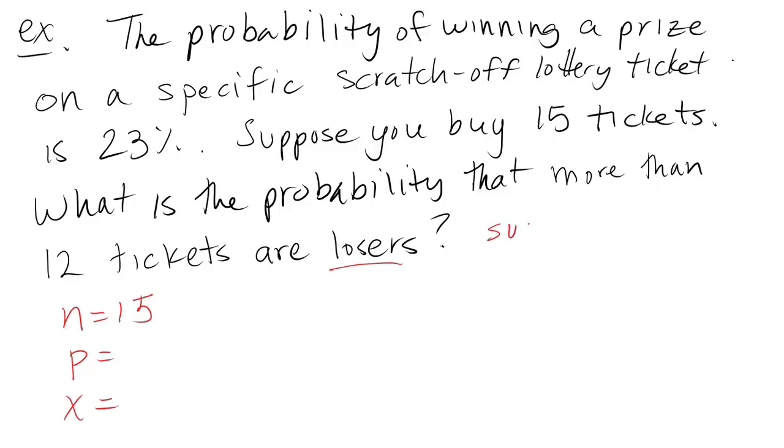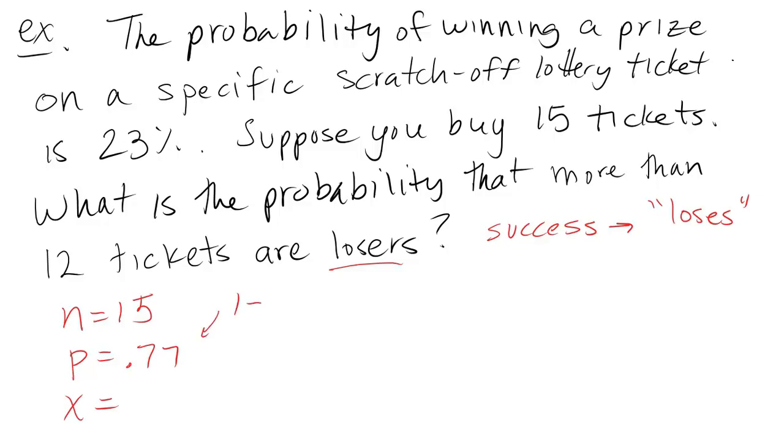And so I would make a success a ticket that loses. The reason I do that is because it makes it easier for us to come up with our X list. Coming up with P does take a little bit of work, but in my opinion, it's much easier to adjust the value of P than it is to adjust the value of X. The probability that a ticket wins is 23%, so the probability that a ticket loses is 77%, 0.77.